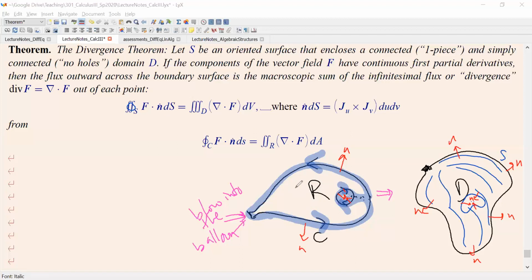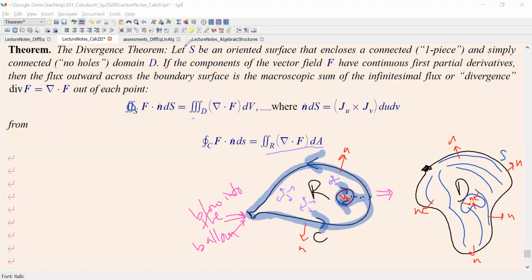You can think of that in purple. Divergence at each point: how much is it pushing away? And that is integrated over the region, dA.